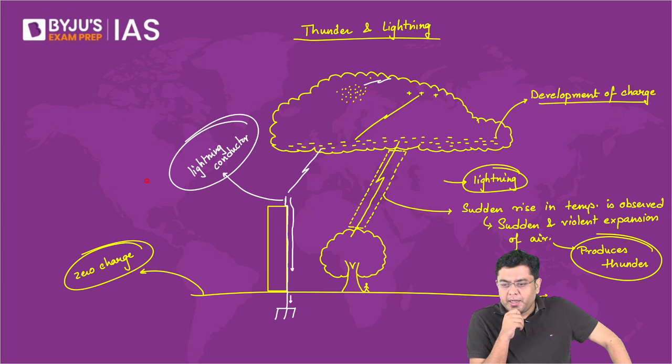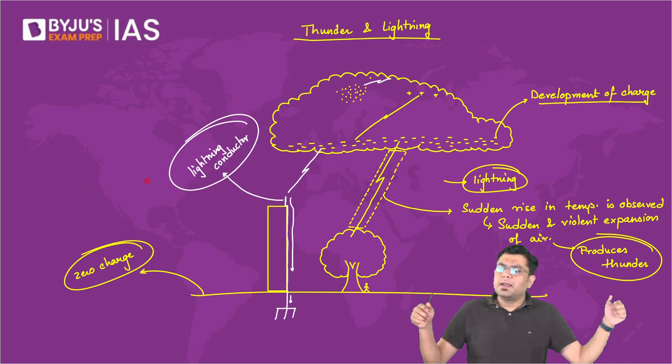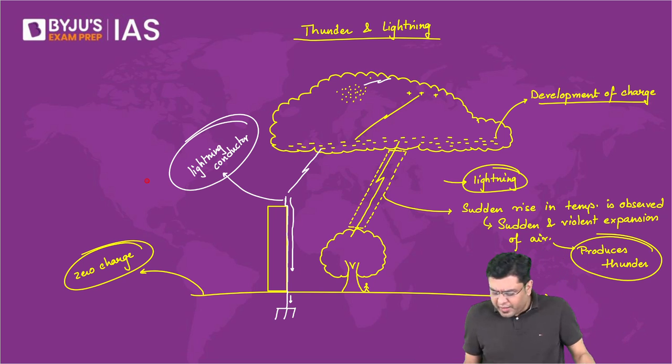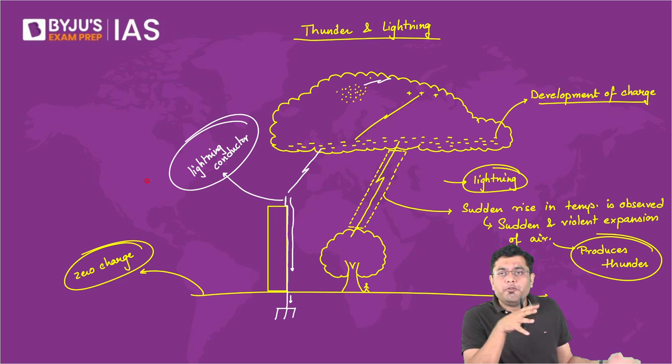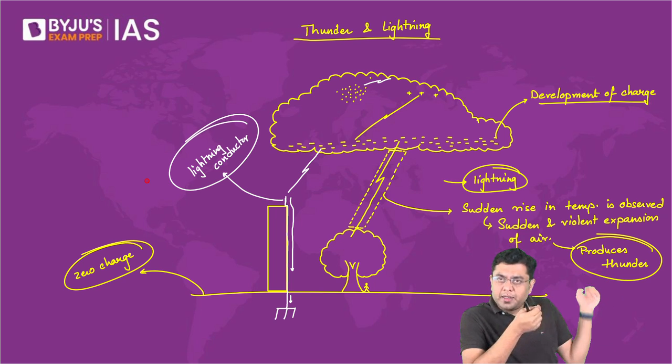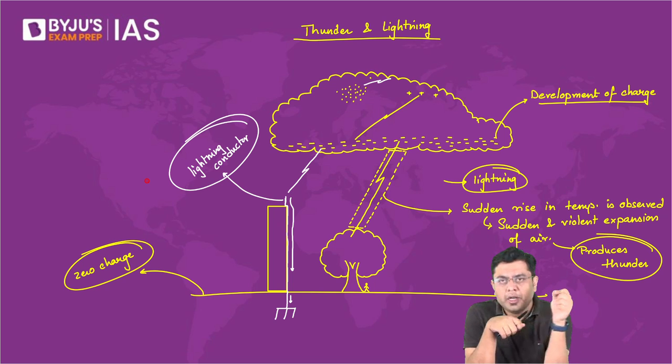Why does everyone tell us not to use the internet at the time of lightning? Those are older concepts, my dear friend, and please don't stop using the internet because of that. Earlier you had a situation where you had one cable operator and they would transmit the signal with the help of wires to your TV directly.